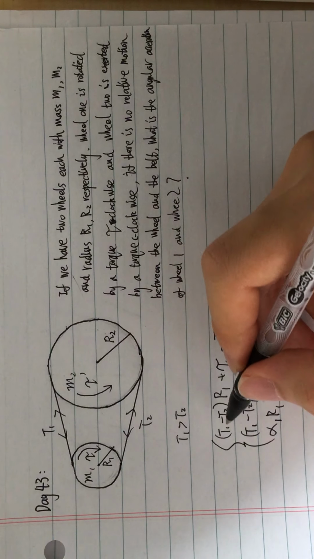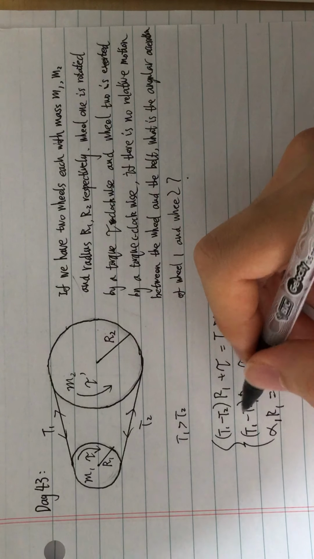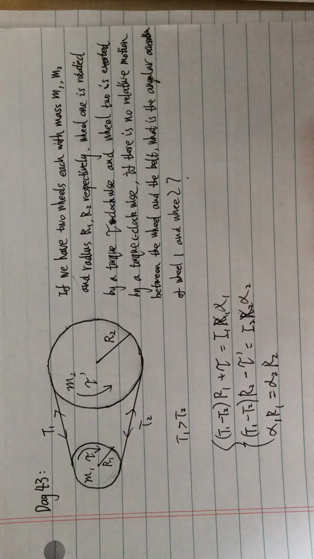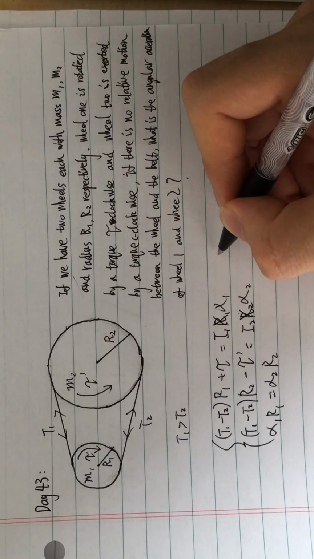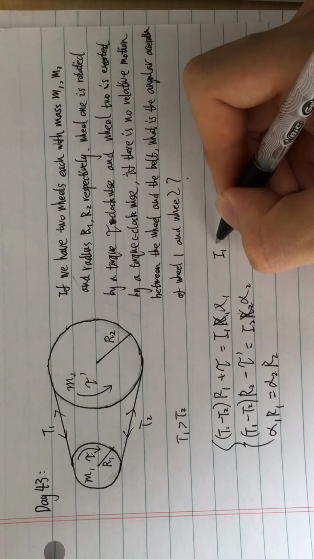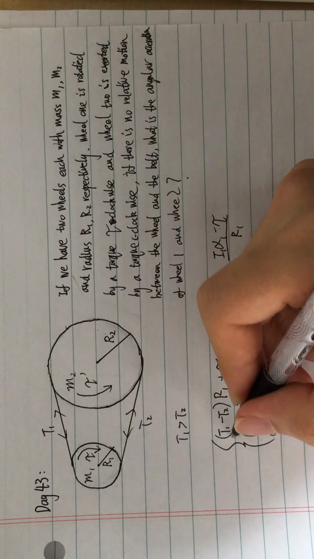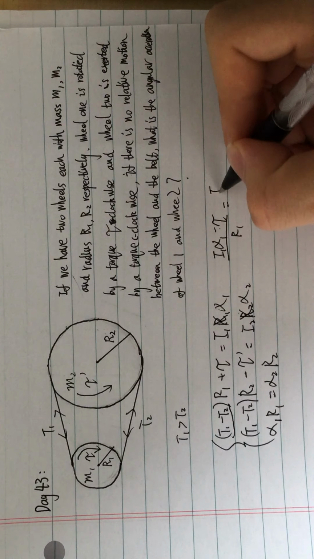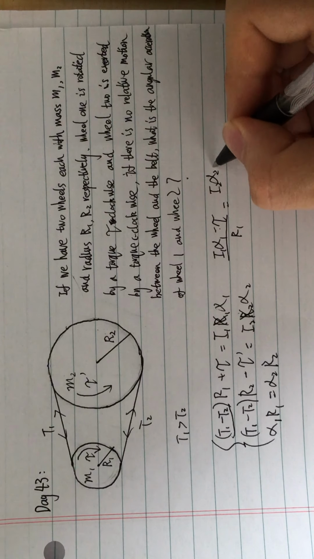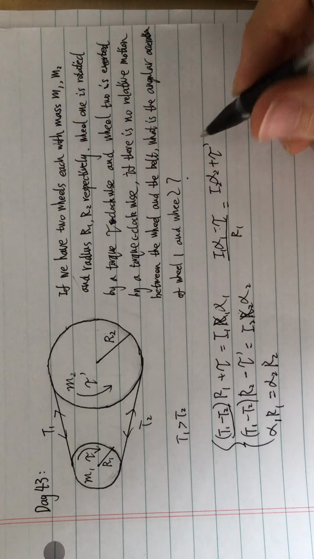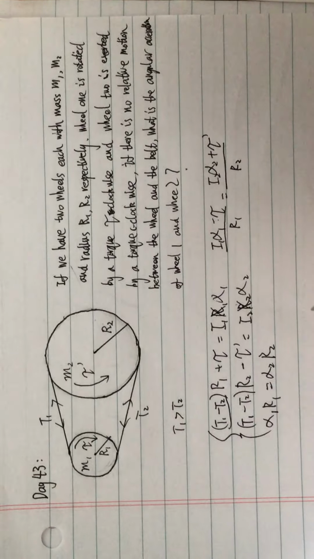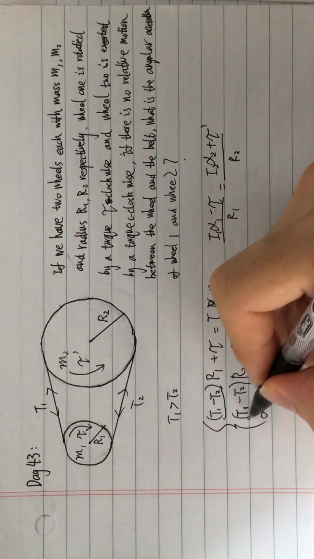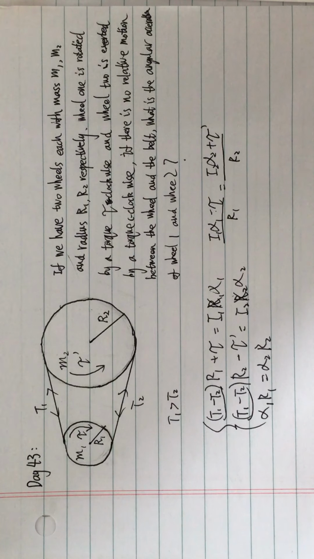Let's first cancel T1 minus T2. Let's treat it as a whole term, the change in T. So we know that I1 alpha 1 minus torque divided by R1 is equal to I2 times alpha 2 plus torque prime divided by R2, and these two are equivalent.